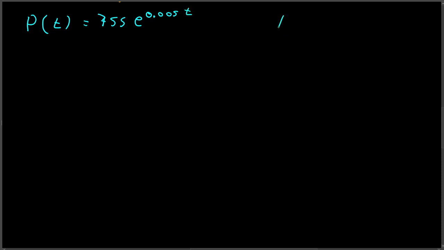And so here, my initial population is 755. My growth rate is 0.05, which means 5% compared to 32% up there. And so let's see what happens after 35 years of this growth.